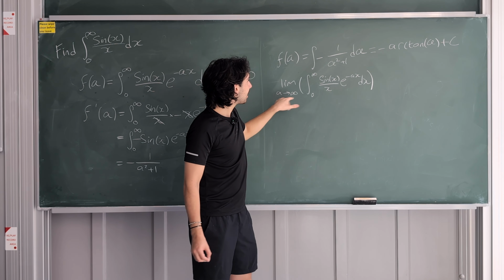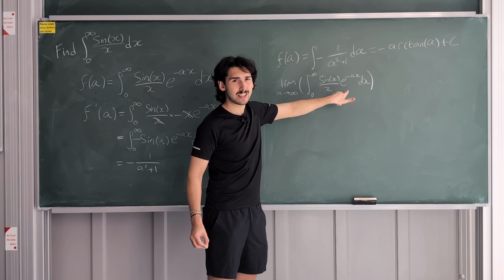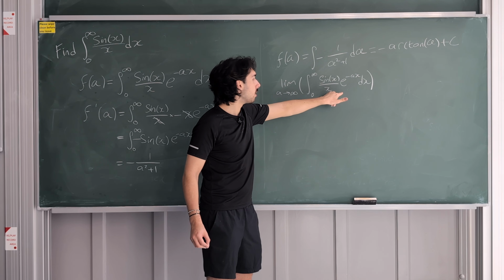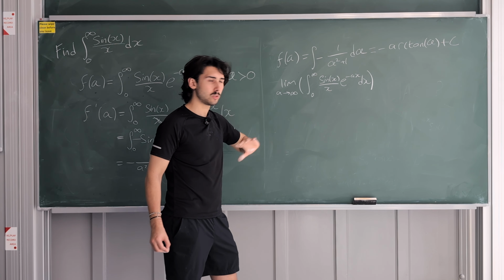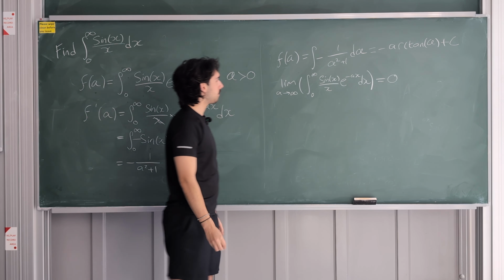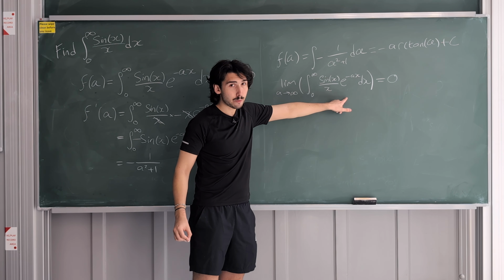If I take the limit of this function as a goes to infinity, do you see that the inside of the integral becomes 0? So the value of the entire thing is 0, okay? So this is equal to 0. But this is f of a.